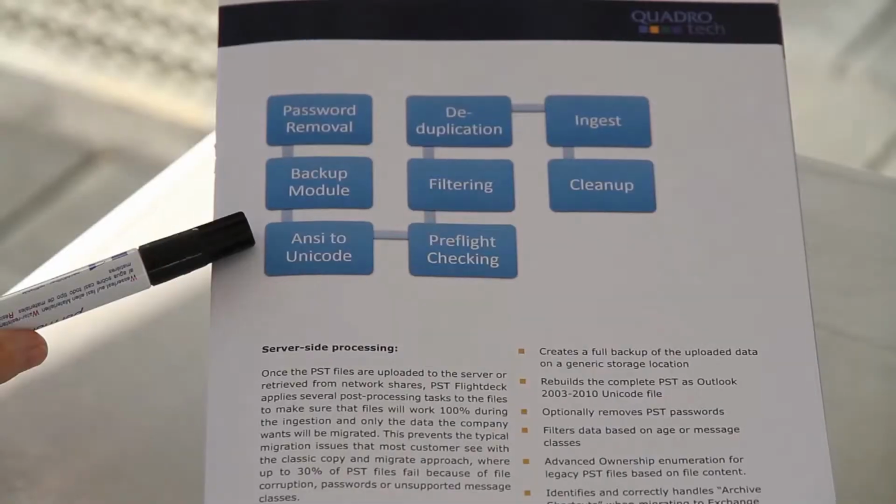We keep it for a short period of time, like a week or 2 weeks, because there we can always go back and say we have the file and we can prove to you that all the data was ingested. The backup copy, of course, gets automatically deleted after the expiration period, so it's just temporary storage. Then we convert those old formats like ANSI into Unicode, so we make sure we can do something with it.